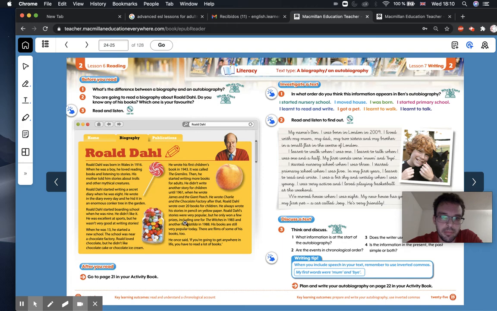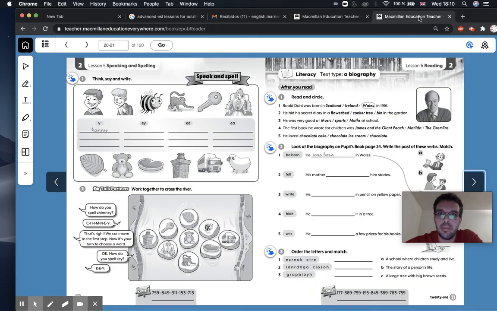Okay. So now that we've read Roald Dahl's biography, let's go to the activity book. So in the activity book, we're going to go to page 21. Página 21, page 21.